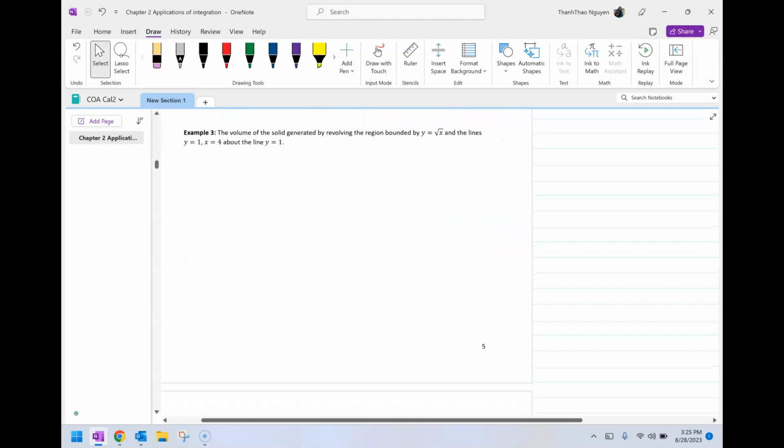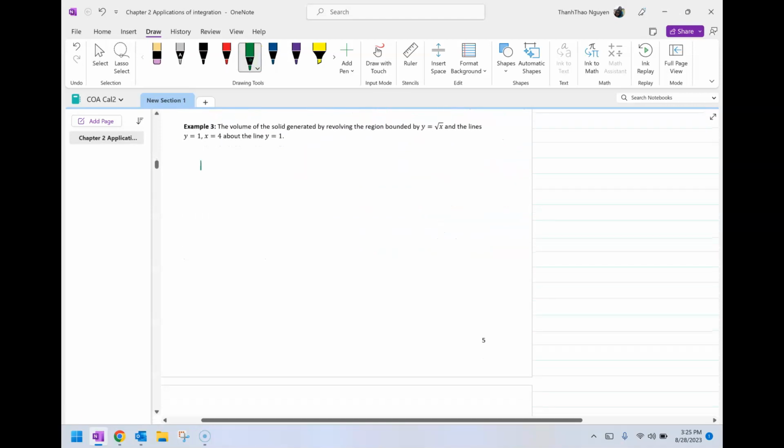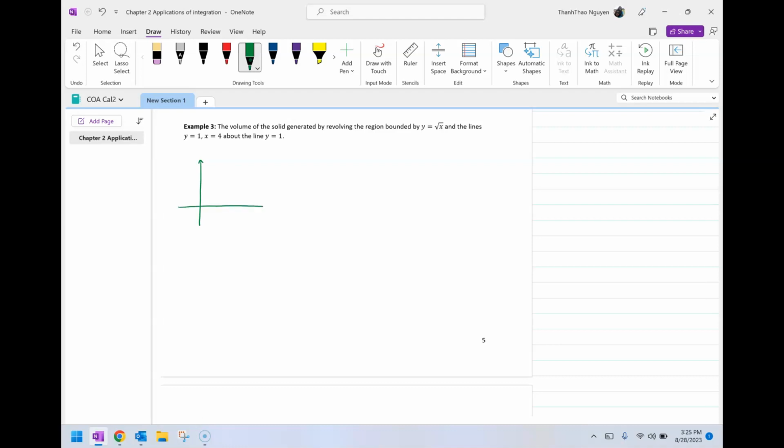So let's sketch this figure. So y equal to square root of x goes through 1. When x equal 4, y equal 2.